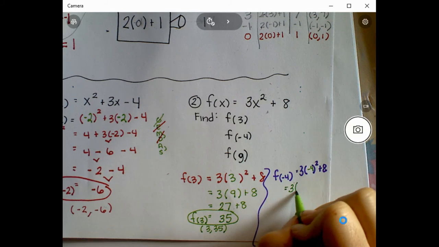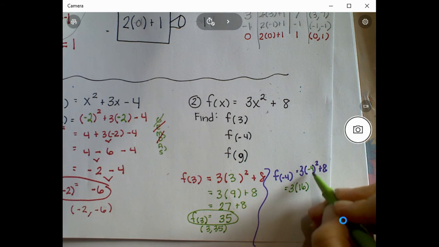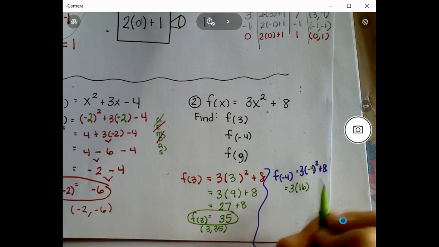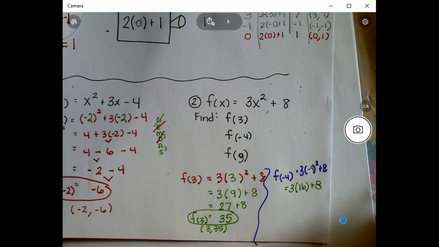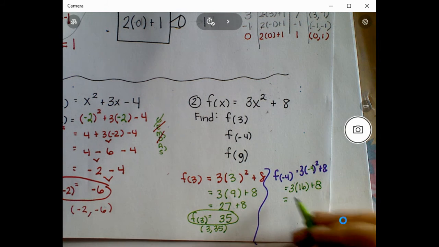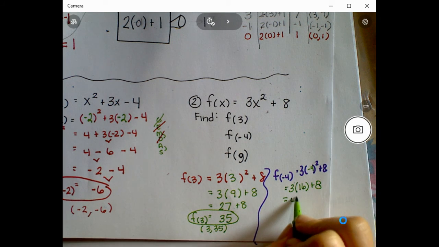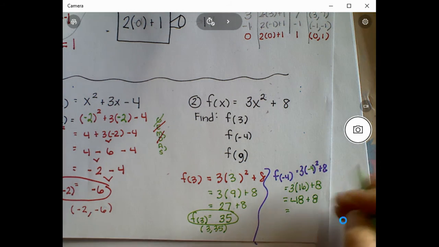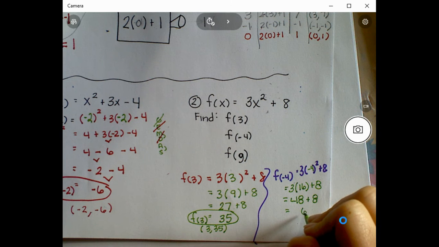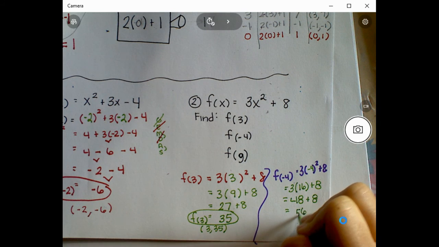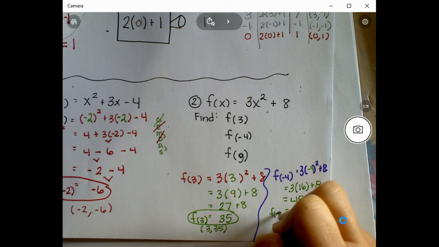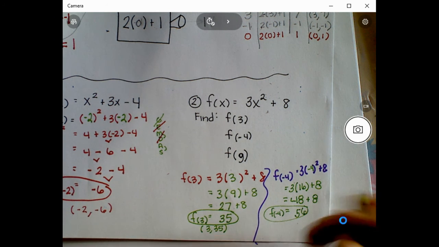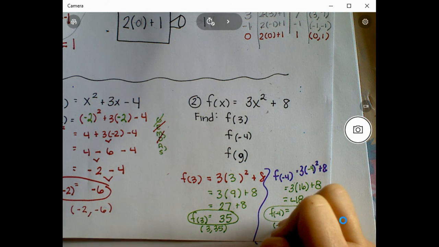So we're going to have 3 times positive 16, because negative 4 squared is the same as negative 4 times negative 4. All right, 3 times 16 would be 48. And then add and subtract. 48 plus 8 would be 56. So f of negative 4 equals 56, which signifies the coordinate negative 4, 56.